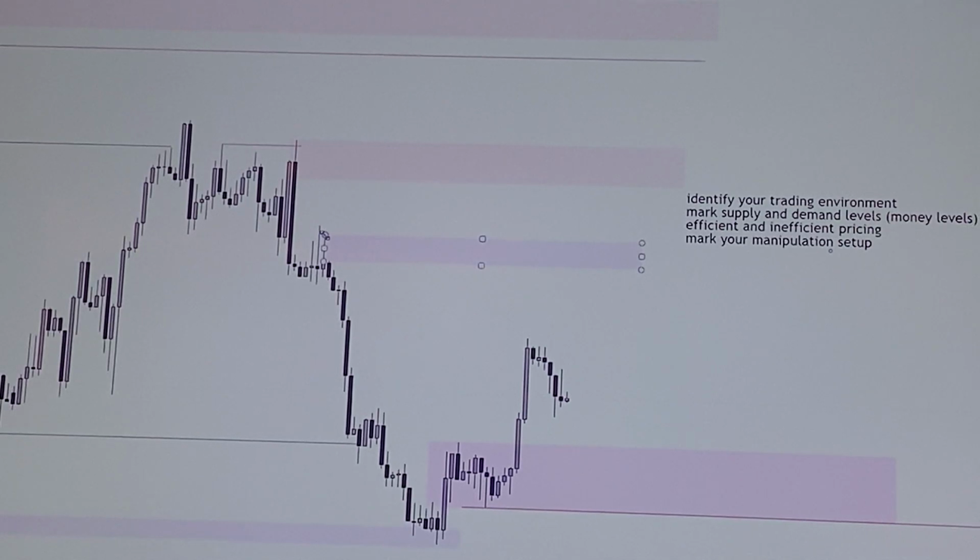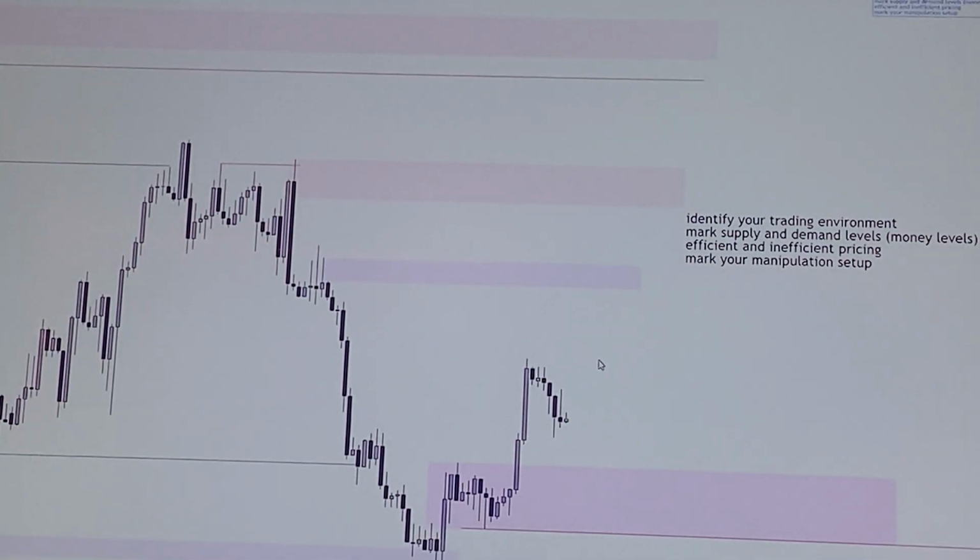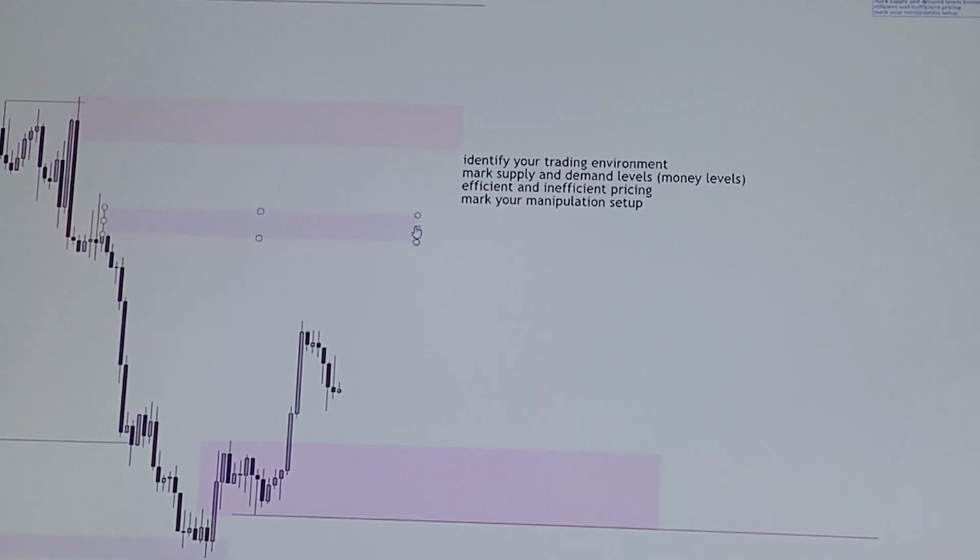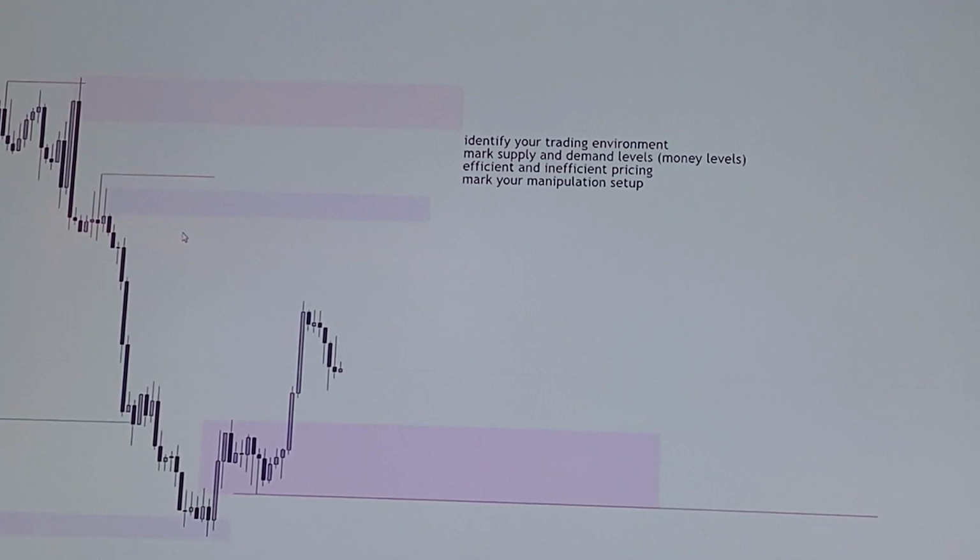Am I correct, guys? Yes, sir. Yeah, there is money here, and I also know that this here is liquidity. Why? It's my last high before this main high here.